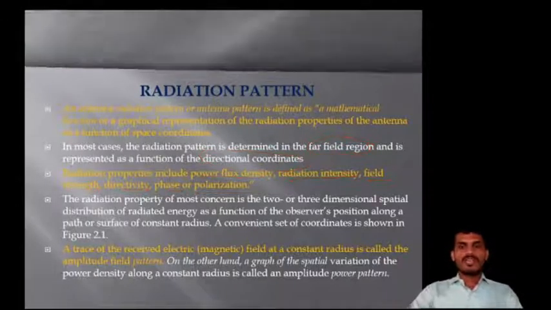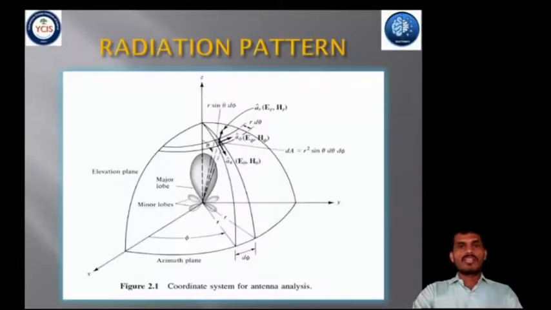You can observe that this is the coordinate system for an antenna analysis, in which, when a radiation pattern is derived from the antenna, there is a coordinate system present for the antenna analysis.